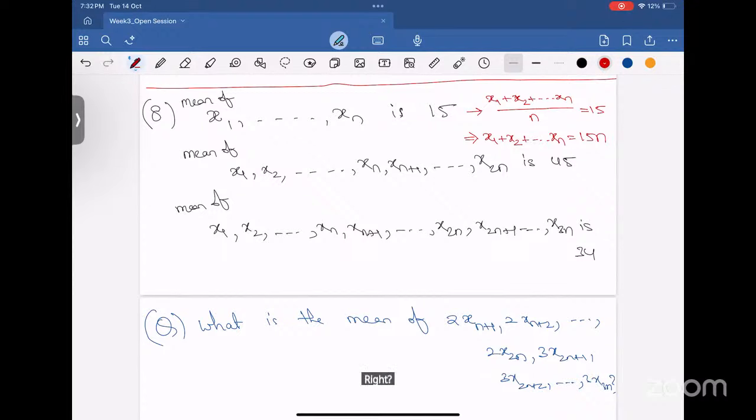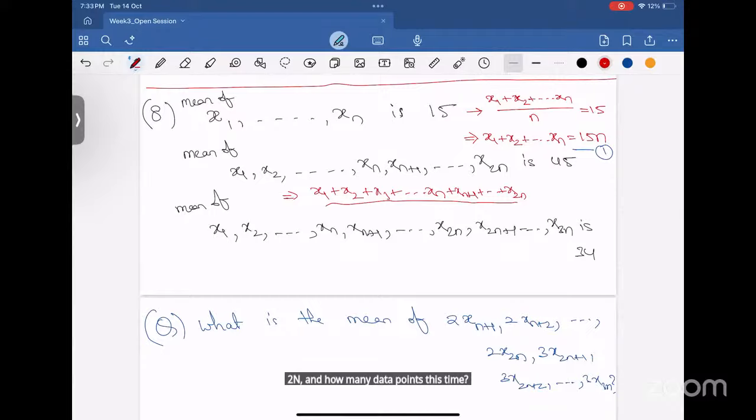Now, from the second information, I'll number this equation as well. From the second information, I have x1 plus x2 plus x3 and so on to xn, then xn plus 1 till x2n. And how many data points this time? 2n data points, which is 45. Correct? Yes, sir.